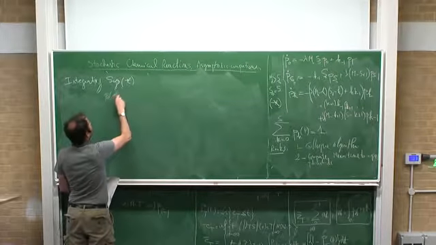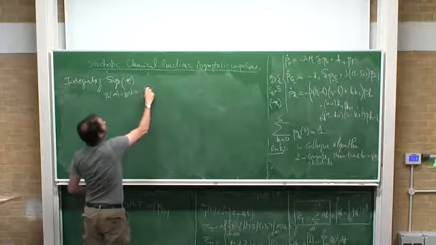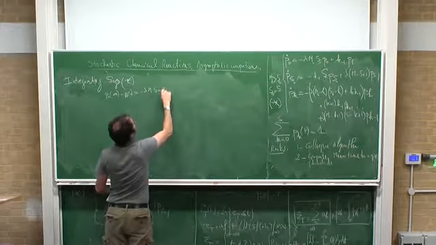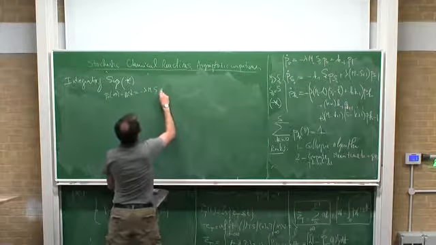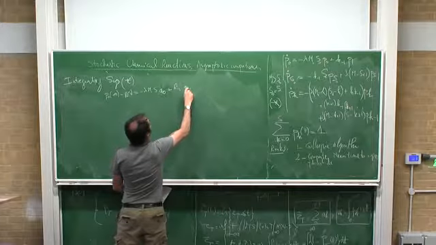p0 of infinity minus p0 of 0 equals minus lambda m s plus k minus 1 p1, not p1. We called everything A. A is the integral by definition. So this is a0 plus k minus 1 a1.